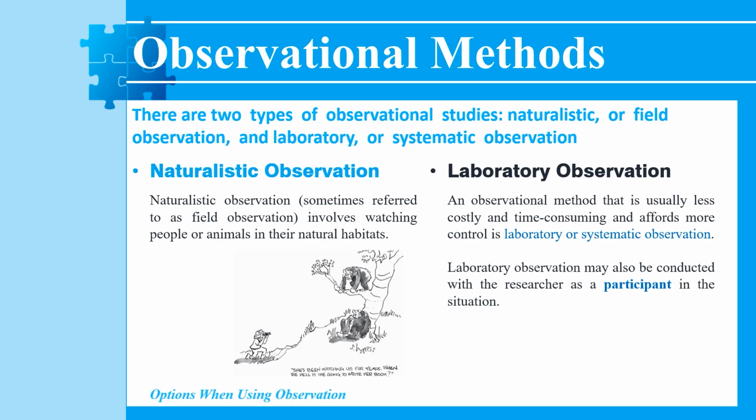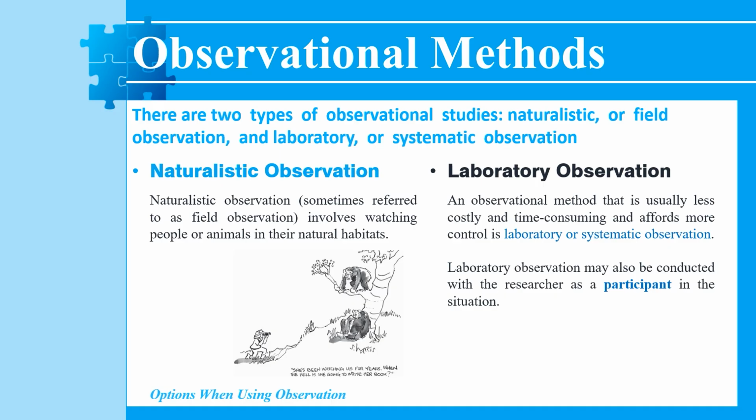Thus, she attempted to engage in non-participant observation. And non-participant observation here refers to a study in which the researcher does not take part or participate in the situation in which the research participants are involved.